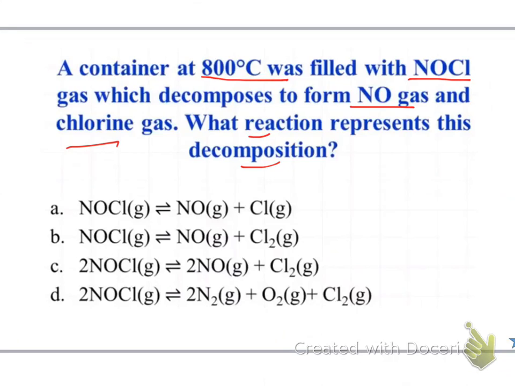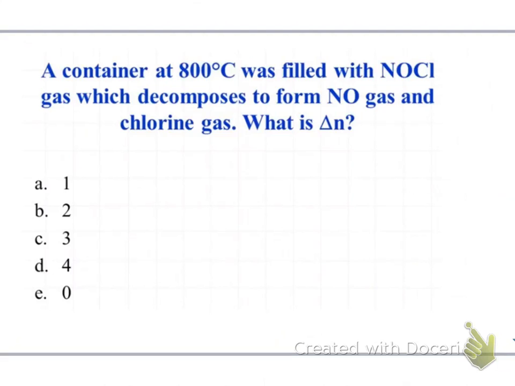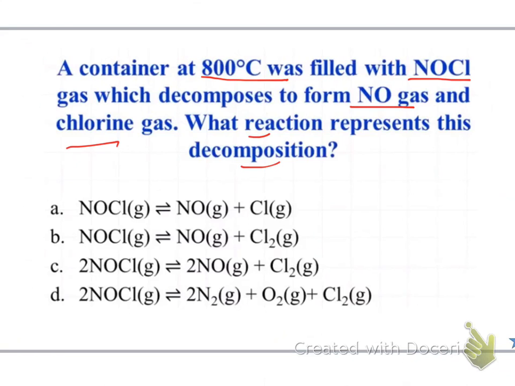Give it a minute, think about it, and then the question box will come up. Okay, so you should have said that it is 2 NOCl forms 2 NO plus Cl2. Cl is diatomic, and in order to make this balance, the correct equation is 1.